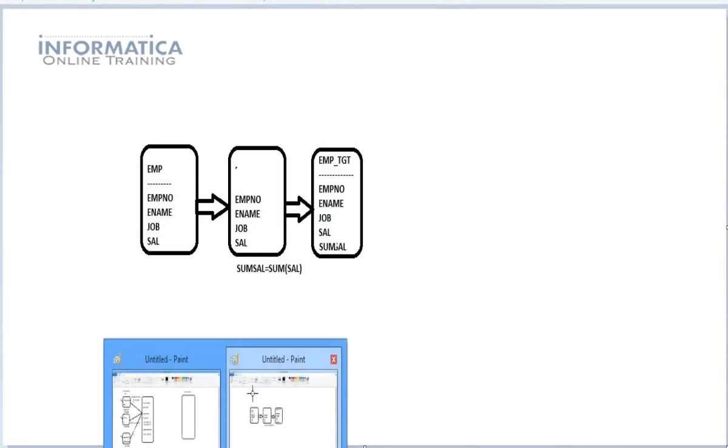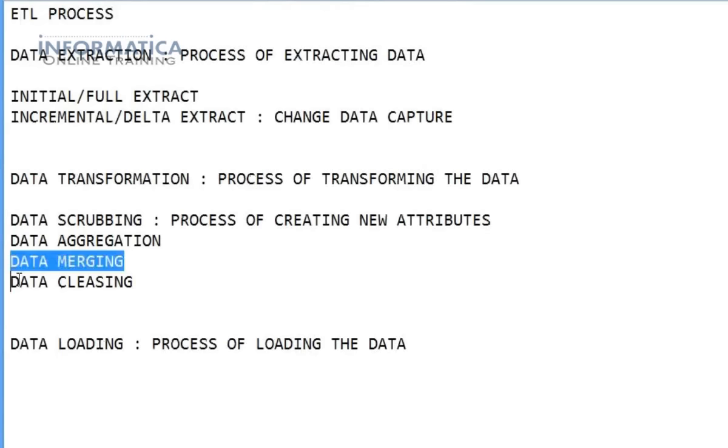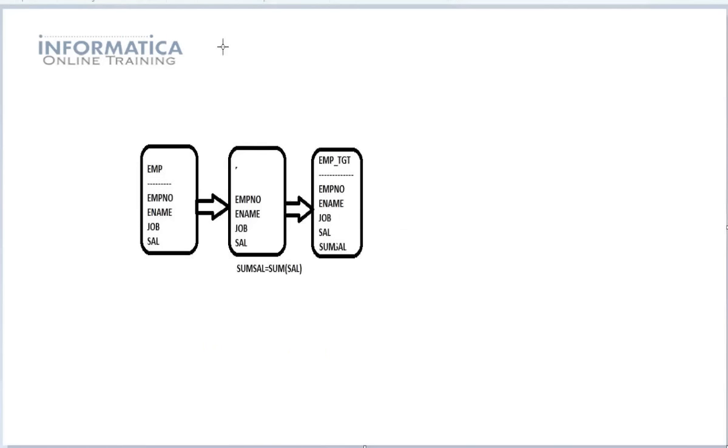Okay. The next one is data merging. Data merging is a process of merging the data, a process of joining the data. Let us say you have a table called employee that is coming from another application also with the same columns. You join the data between the two tables and load it into the target.